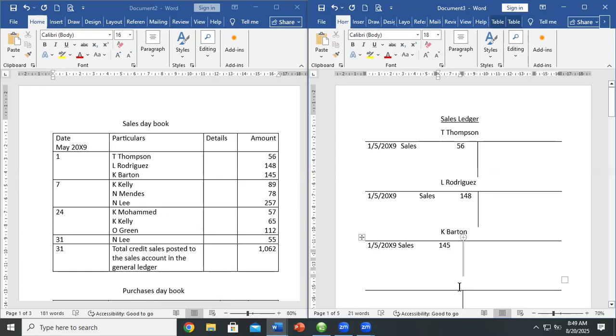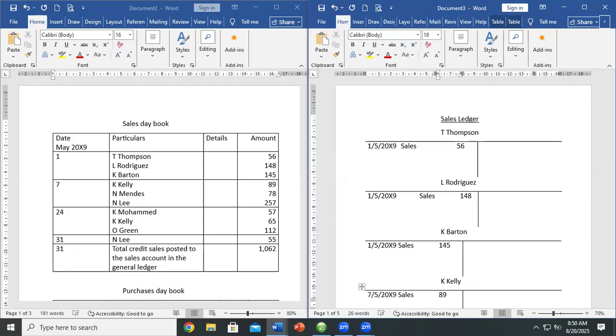So again, we need to open an account for K. Kelly. For K. Kelly too, it was on the 7th of May 20x9, sales. How much? 89.